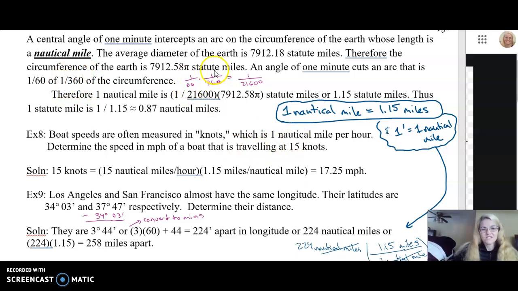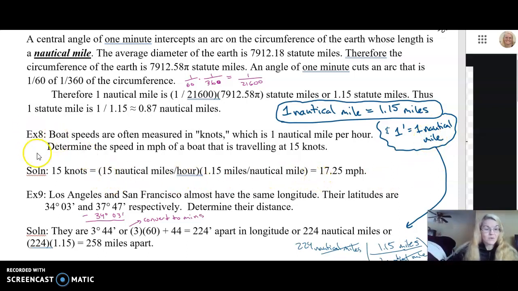So 1/60 times 1/360, 1/21,600 times your circumference is about, for this class, 1.15 miles. So 1 nautical mile equals 1.15 miles. And if you're trying to remember, 1 minute from the Earth's core is 1 nautical mile. That's what is being traced out.